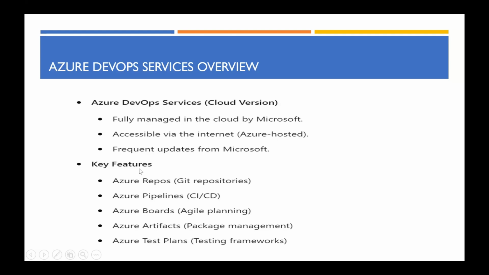These are some of the key features of Azure DevOps Services. We get Azure Repos, Git repositories to keep our code or software. Azure Pipelines, CI/CD pipelines to build and deploy our software to production or any other environment. We get Azure Boards as well for agile planning. You can create tasks, user stories, and other types of work items.